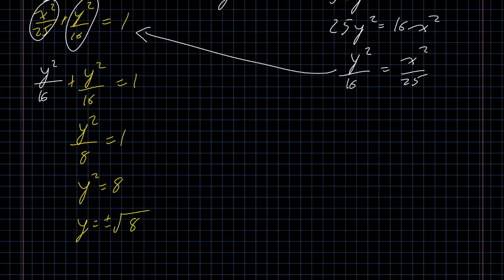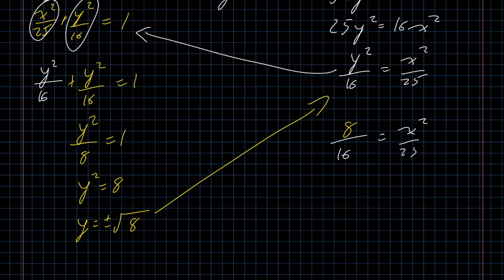And I get that y is plus or minus the square root of 8. Take that, plug it back in over here. If y squared is 8, that means that I have 8 over 16 is equal to x squared over 25, which means that 1/2 is equal to x squared over 25, which means that x squared is 25 over 2.